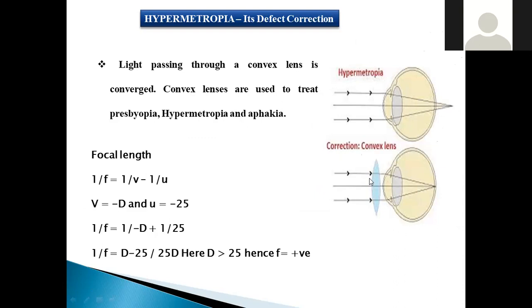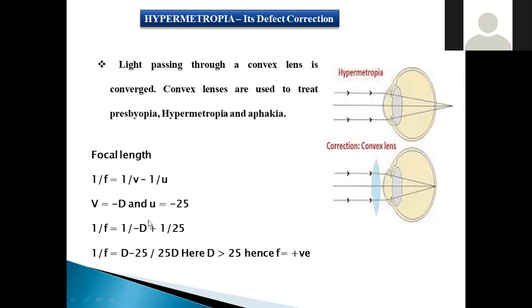In the second condition, we inserted a convex lens, which is the suitable lens. The convex lens is inserted in front of the human eye so that the object will be concentrated exactly on the retina instead of behind the retina. In this way, the convex lens is used so that the light falls exactly on the retina.